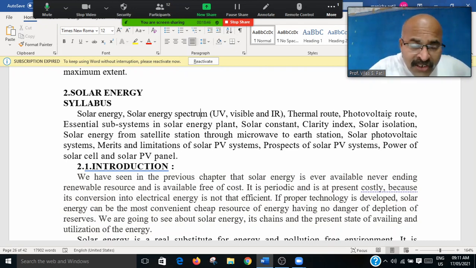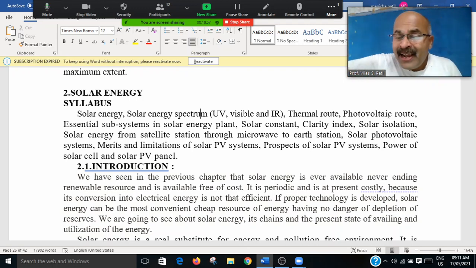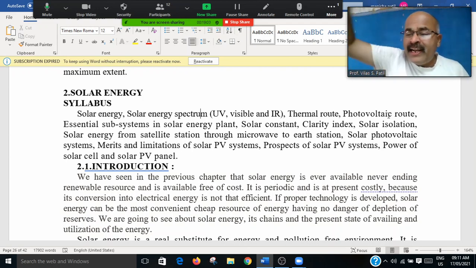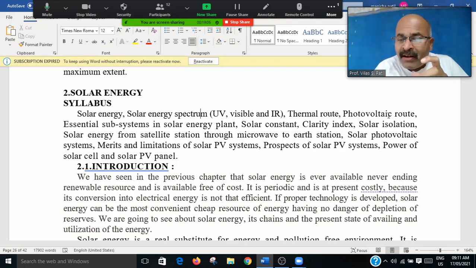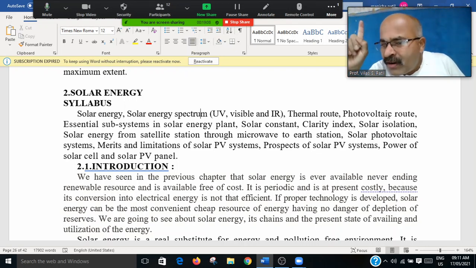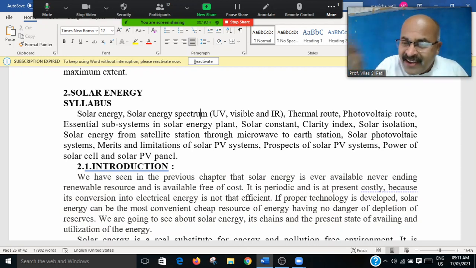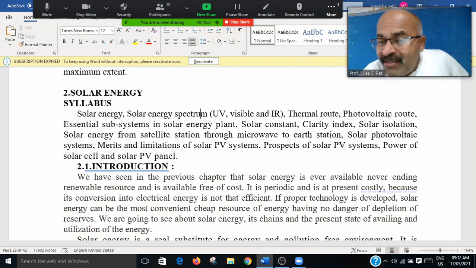Again, solar energy from a satellite station through microwave to earth: this is the satellite solar energy plant, which is to be designed and built on a satellite. That satellite will rotate around the earth in its orbit, at the mean distance between the earth and sun.